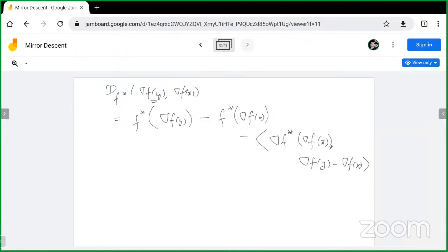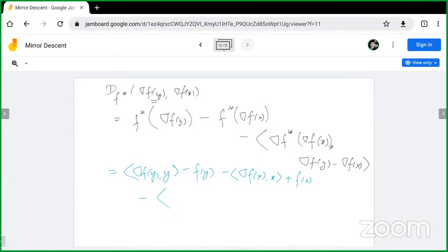So this is grad inner product argument minus the function, minus grad inner product argument minus the function, with x dotted with grad f.